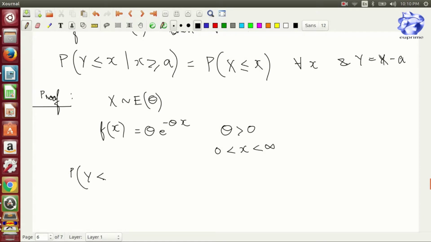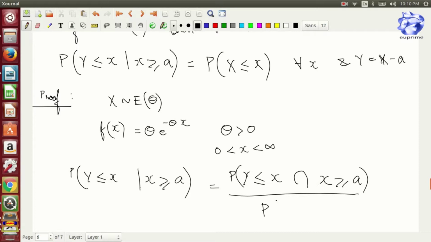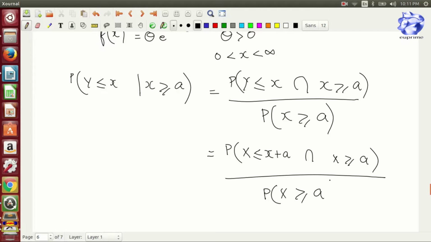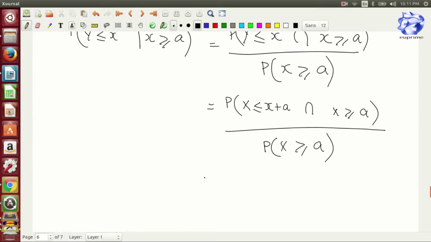Our probability density function, and then the probability of y less than or equal to x given that x is greater than or equal to a is given as the probability of y less than or equal to x intersection x greater than or equal to a, over the probability of x greater than or equal to a. This is our conditional probability, which you would have come across before.